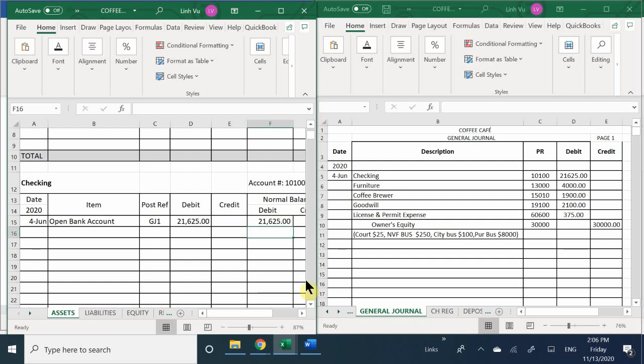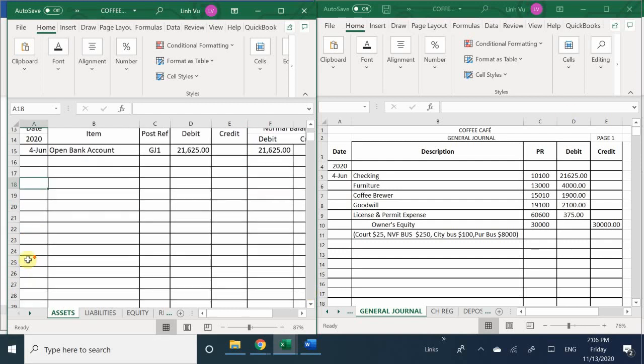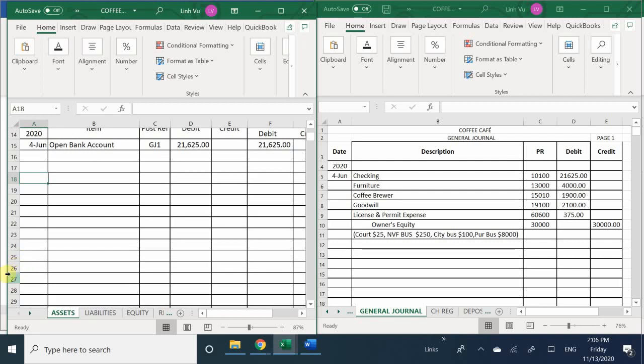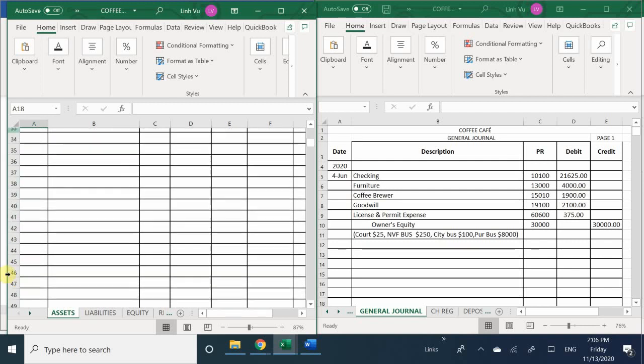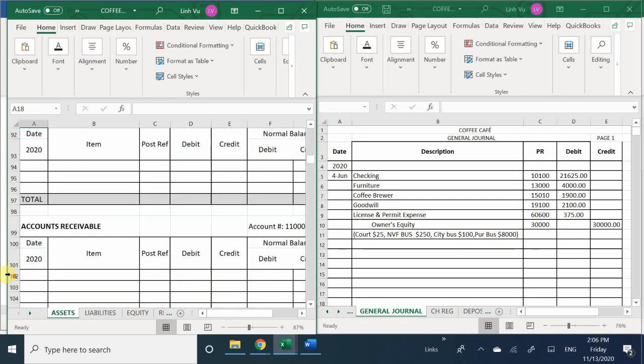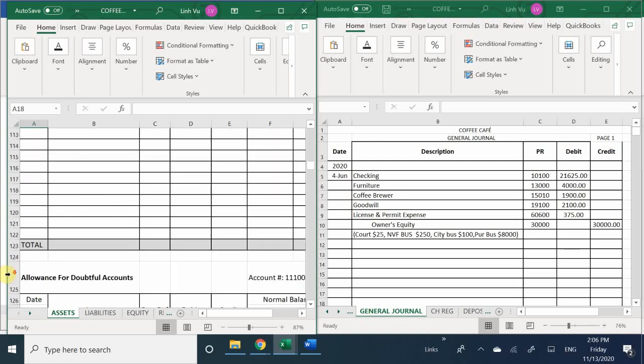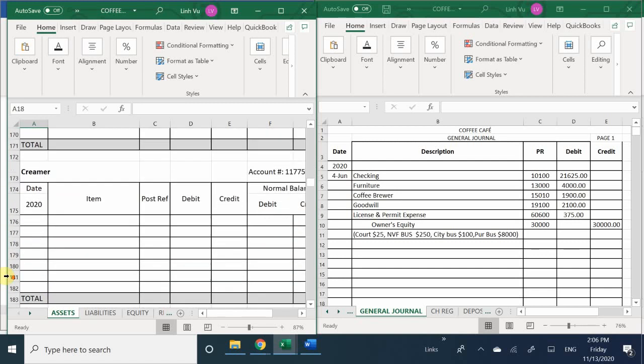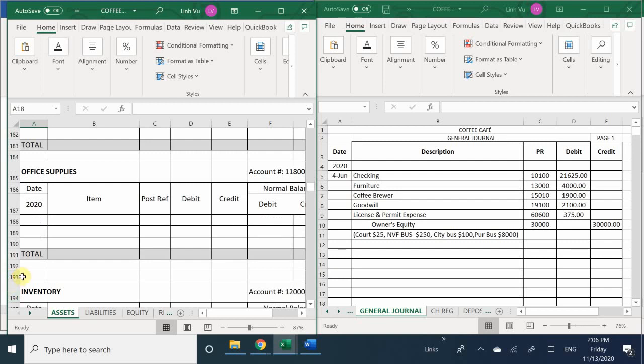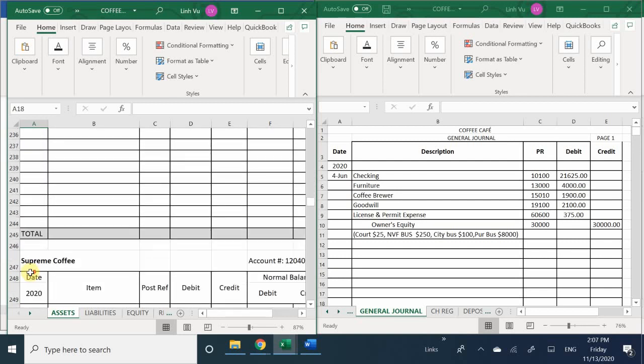So now the next account I need is going to be my furniture. Since we know that furniture is going to be 15, I think it should be 1,500. 13,000, I'm sorry. So I'm just going to scroll down because I think it's quicker. So inventory's here.